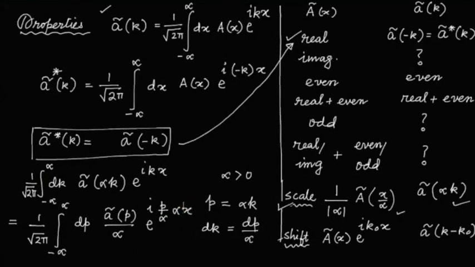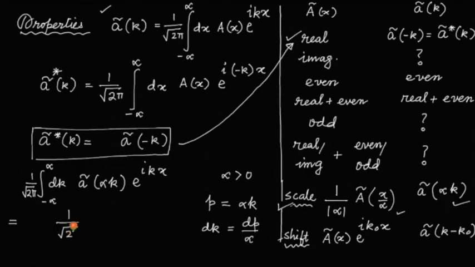Okay. So what you realize is the following. Let me rewrite it a little bit because then it will be easier to do in one step. 1 by root 2 pi, minus infinity to plus infinity. dk I want to write as dp, so dp by dk is 1 by alpha, which I write outside, so this is dp.